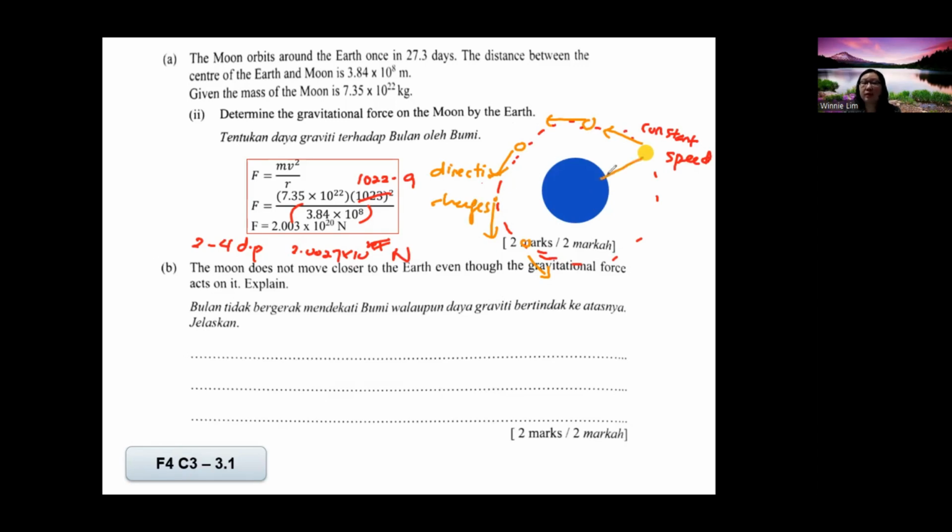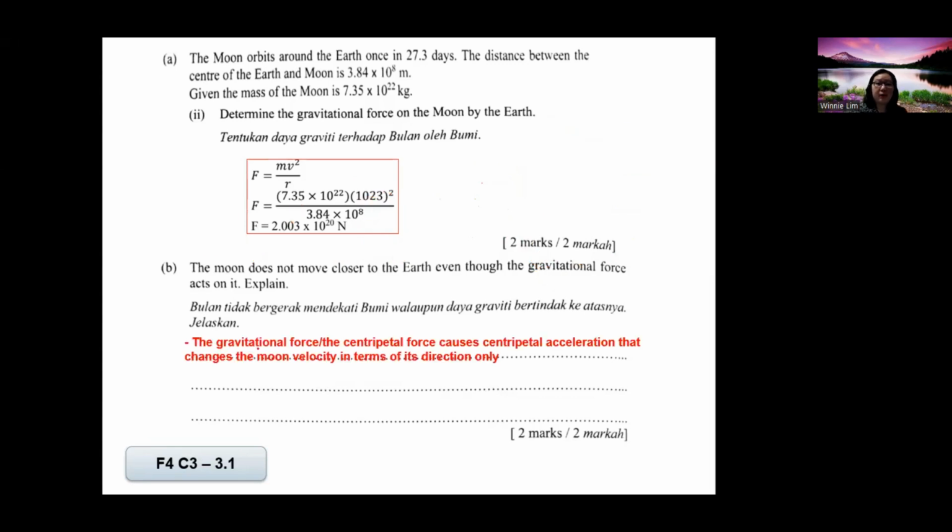This is what causes the object to keep moving in a circular manner. As you know, they are subject to the centripetal force, and this centripetal force is equivalent to the gravitational force. So they only change in direction. That's why we can say the gravitational force causes the centripetal acceleration, which changes the moon's velocity in terms of direction.